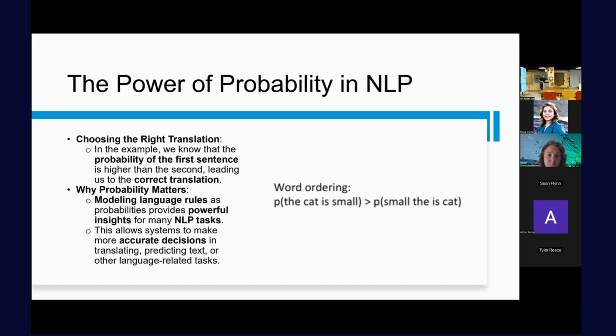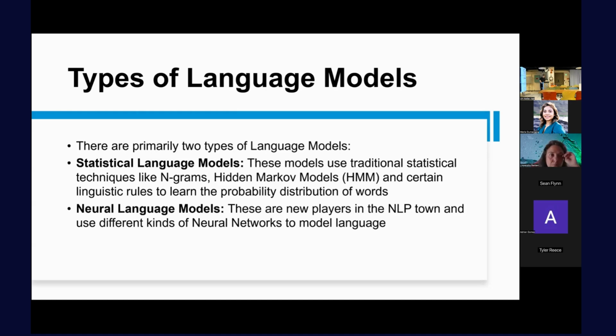So that's how the probability works. The probability basically describes the likelihood of you seeing the sequence of words in any documents. That's it.